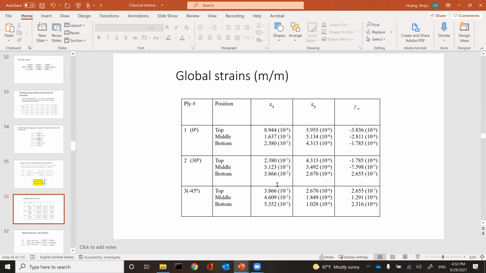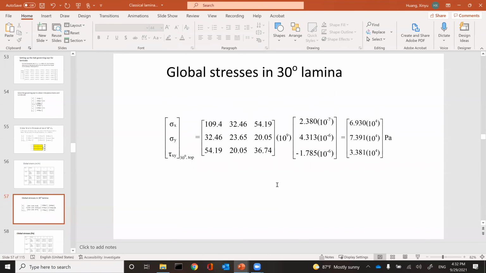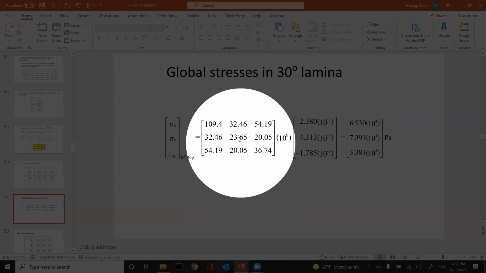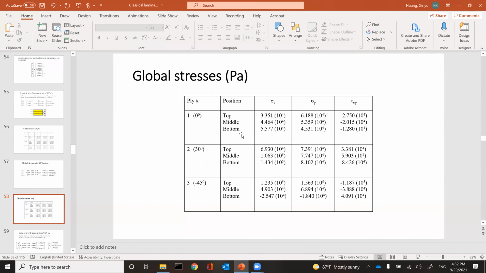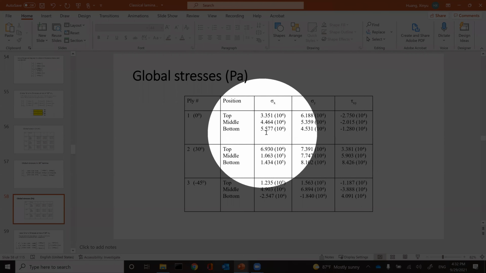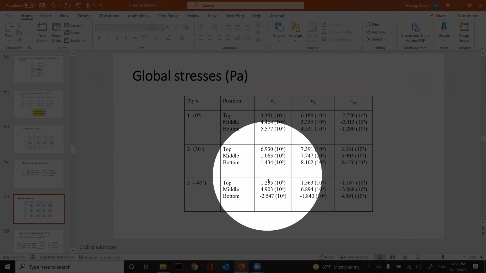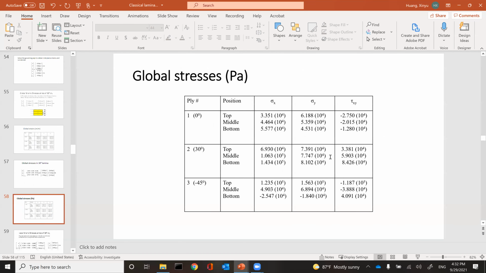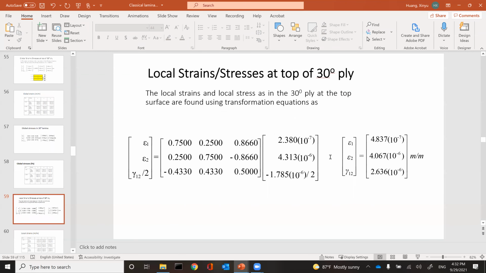And then the stress is basically strain multiplied by this Q bar matrix for each layer. You can calculate stress on the top of the ply, middle of the ply, and bottom of the ply. You can calculate 3 for each ply. All right. And then you can integrate.